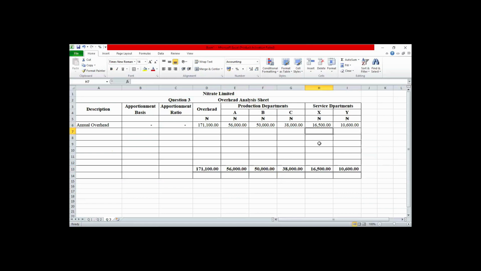Is it clear up to this level? Yes, sir. What I've done there is move it from vertical to horizontal. Then the next thing to do is to formulate equations.